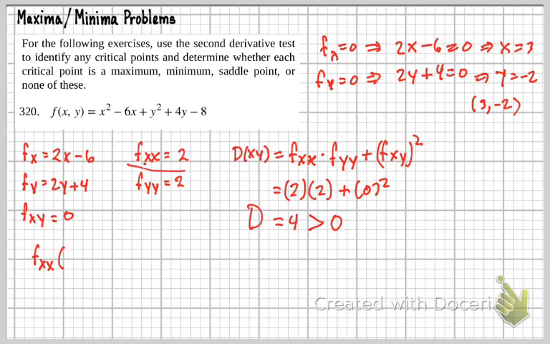Again, since this is a constant function too, I really don't have to do anything more. I can say it's greater than 0, but I just want to show you the notation. fxx is a constant function, which is greater than 0. And since it's positive, I can think of the idea of concave up, which tells me it would be a minimum.